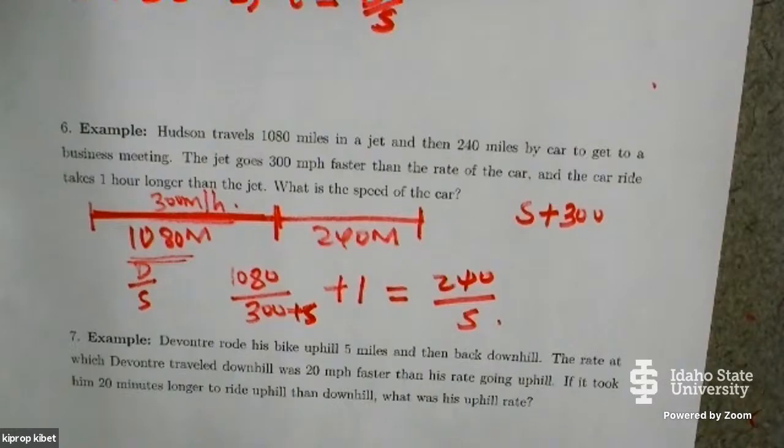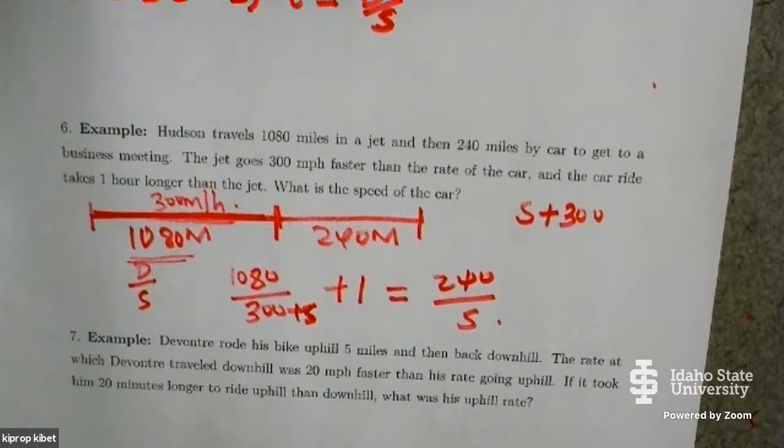So you can say this is the time to relax for the jet, as he waits for the car to reach the destination. So it will be 108 over 300 plus S, plus 1 hour, equals 240 over S.